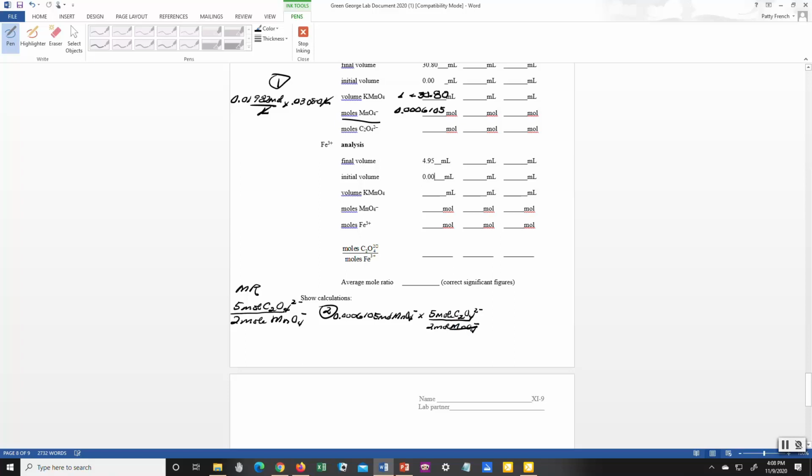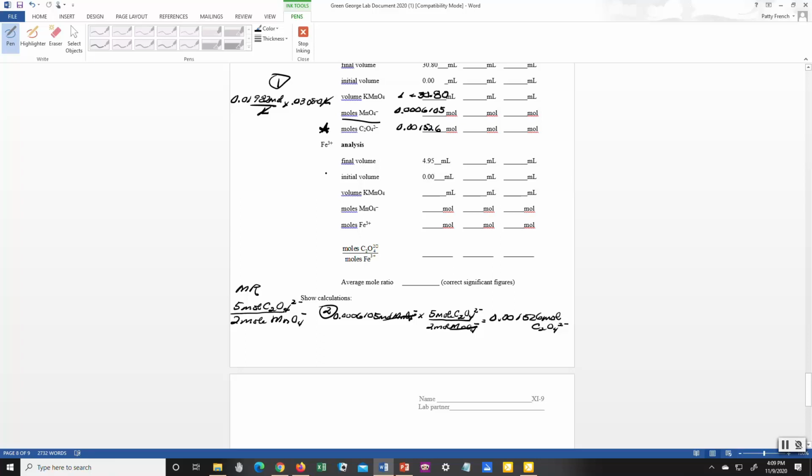My moles of permanganate cancel, and this ends up being 0.001526 moles of oxalate. So that's pretty much what we need to know there.